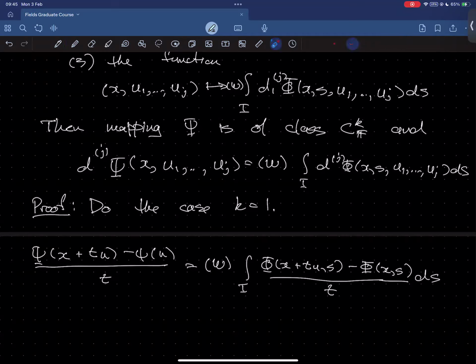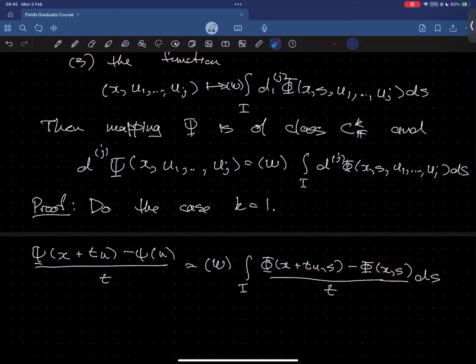That is, we use the mean value theorem. And we use the mean value theorem for s fixed, and for a curve, the straight line path that goes from x to x plus tu.